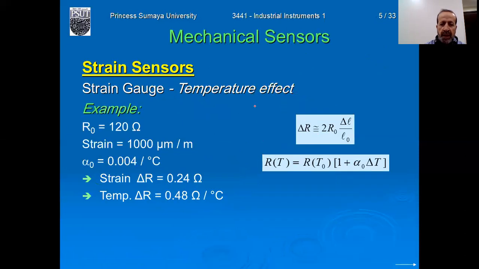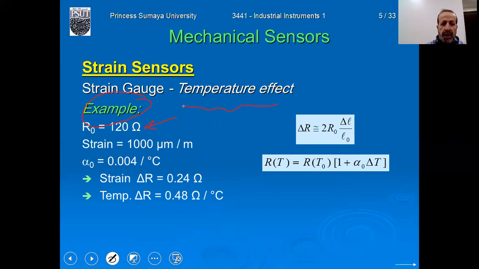So after solving this example. This example here, we have R0, the original resistance of the strain gauge, equal to 120 ohms. We need to study the strain effect in changing resistance as well as the temperature effect. And we will compare both effects.